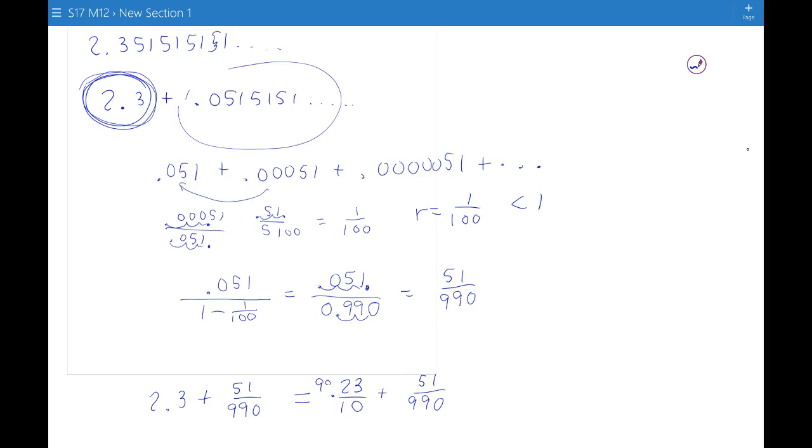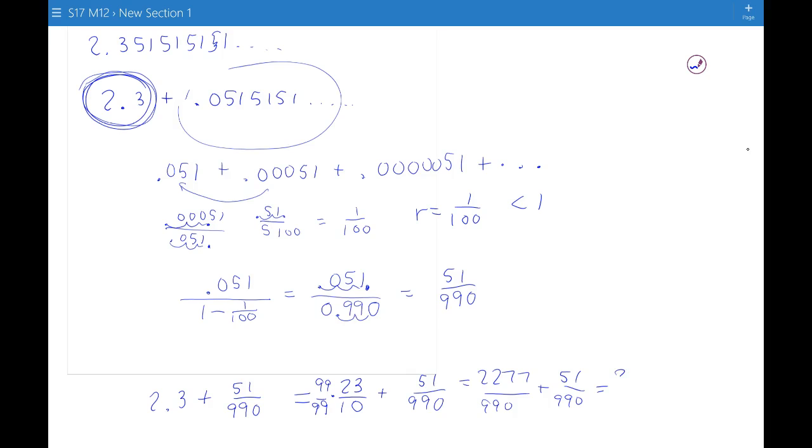Well, that means if I multiply this fraction by 99 over 99, I will get a common denominator. So I'm going to do 99 times 23. So that's 2277 990ths plus 51 990ths.